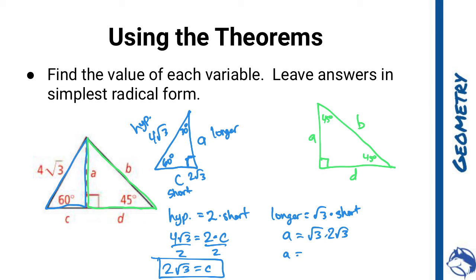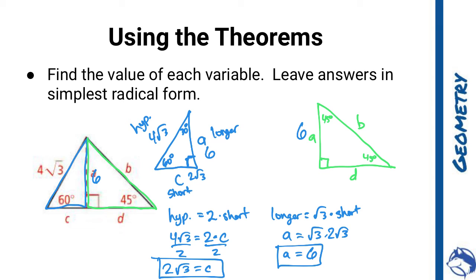So what I end up getting there is A is equal to 6, because square root of 3 times square root of 3 is 3, and 3 times 2 is 6. So A is 6. So I'm going to copy that over into my green triangle now because A is the same. So since that's 6 in both spots, I can go ahead and now work on my 45, 45, 90 triangle.